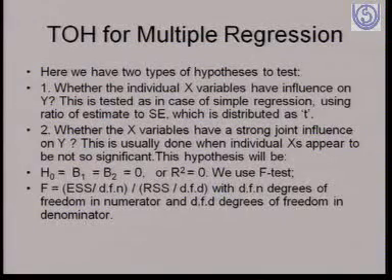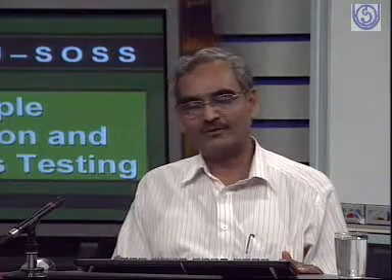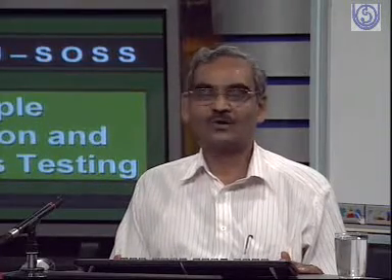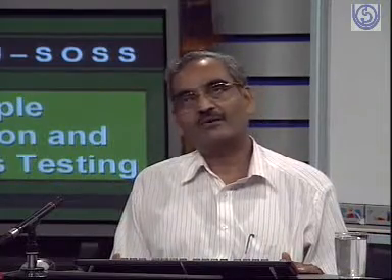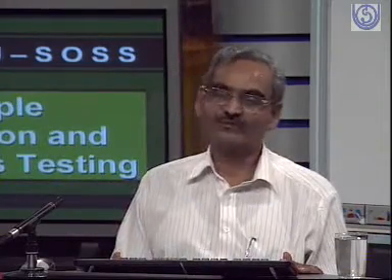Now the numerator has n degrees of freedom and the denominator has d degrees of freedom over here. They have different degrees of freedom. Again, you compare at different levels of confidence with the tabulated values and come to conclusions about whether the joint effect hypothesis is to be accepted or not.